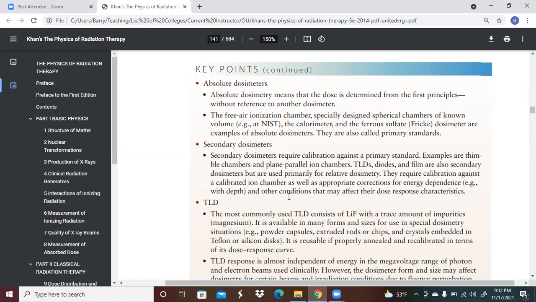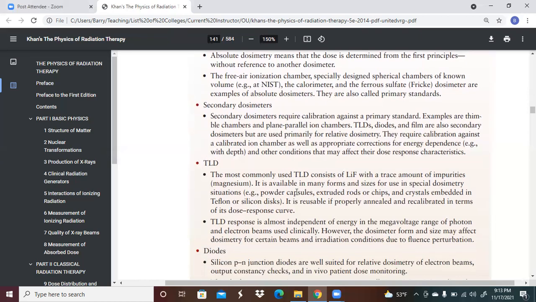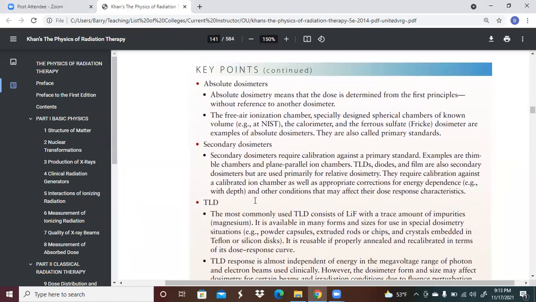Examples are thimble chambers, plane parallel ion chambers, TLDs (thermoluminescent dosimeters), diodes, and film, which are also considered secondary dosimeters, but are used primarily for relative dosimetry. They require calibration against a calibrated ion chamber, as well as appropriate corrections for energy dependence. And there are other conditions that may affect their dose response characteristics. So you want to make sure these are in line with the primary standard.